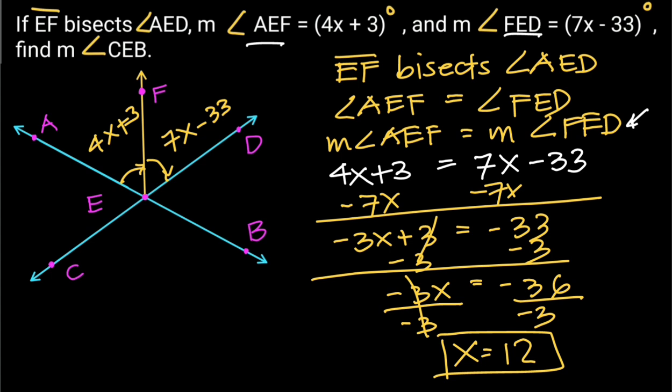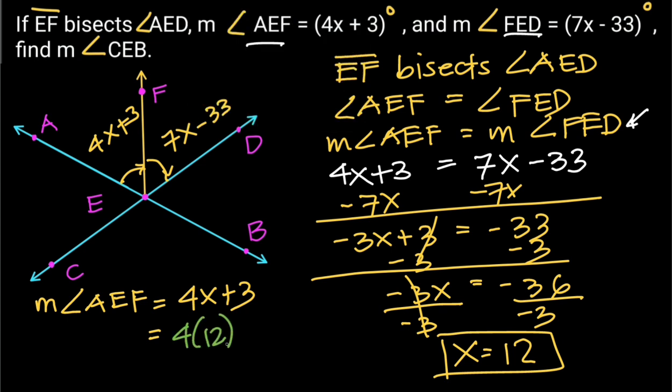Now we already have the value of x. So we can solve for either angle AEF or angle FED. So let's solve the measure of angle AEF. And this is just 4x plus 3. And we plug in the value of x, which is 12. So this is 4 times 12 plus 3. That is 48 plus 3. That is 51 degrees. Therefore, this is 51 degrees.